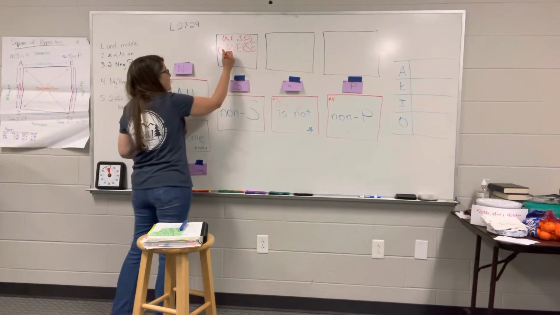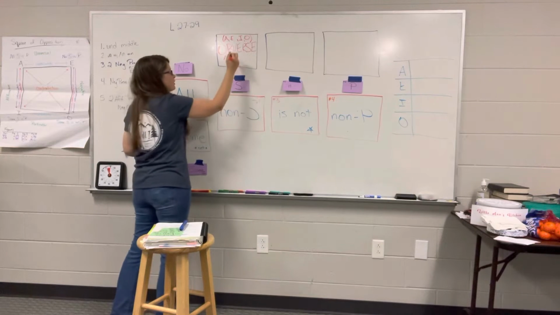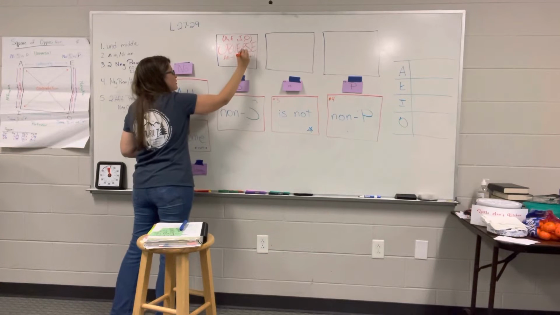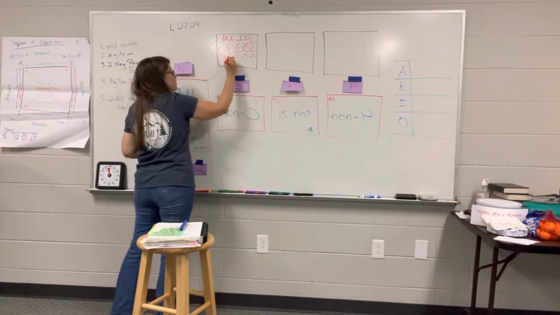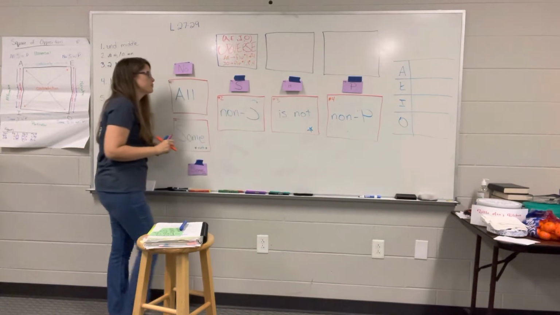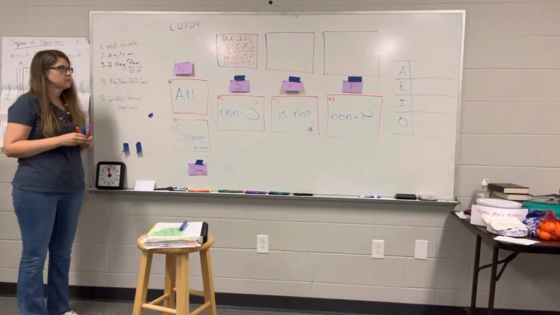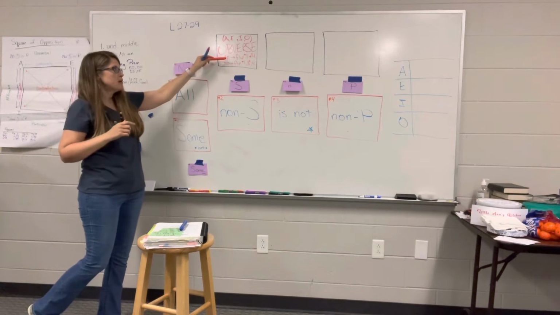So for an A and E statement, you are going to flip 1 and 4. For an I and O statement, you're gonna flip 1, 3, and 4. Okay, A and E, you flip 1 and 4.